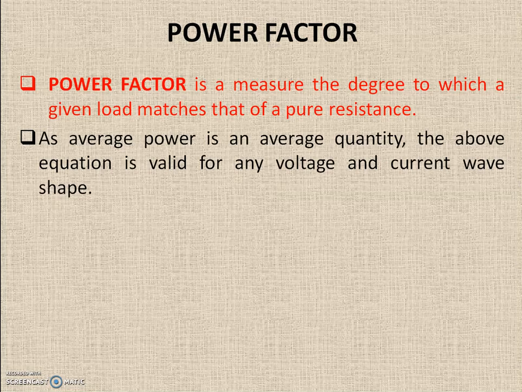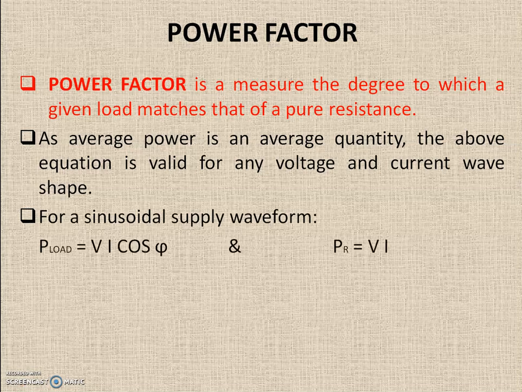As average power is an average quantity, the above equation is valid for any voltage and current wave shape. In the case of a sinusoidal waveform, P load is given by VI cos phi and PR equals V into I. P load is for any kind of load, let it be an RL or RC load, there will be a phase angle of phi. So P load will be equal to VI cos phi.